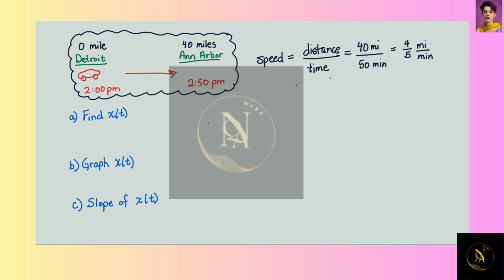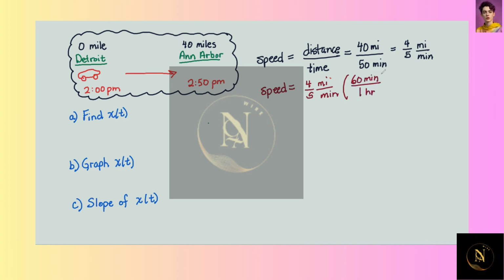If we want to convert Jason's speed to miles per hour, we can do that real quick. So the speed right now is in miles per minute, so we'll need a conversion factor. And that's basically the fact that there are 60 minutes in every 1 hour.